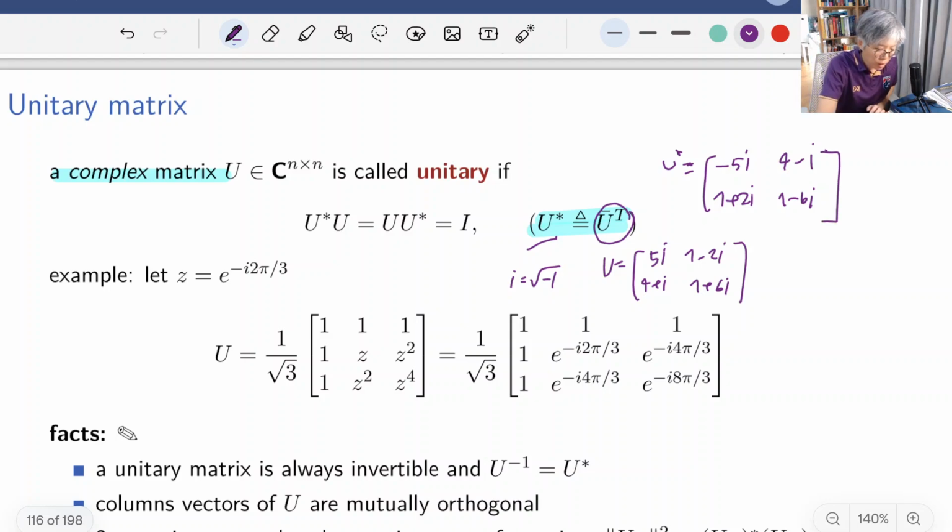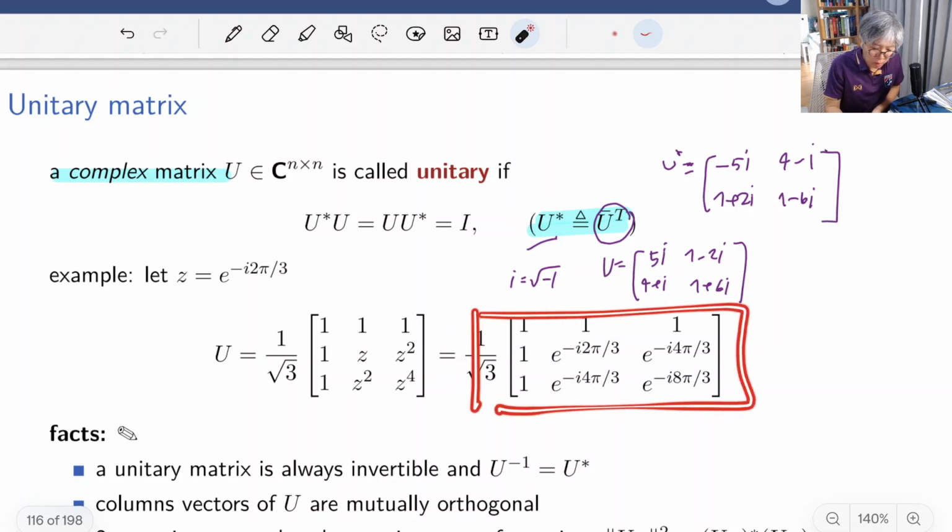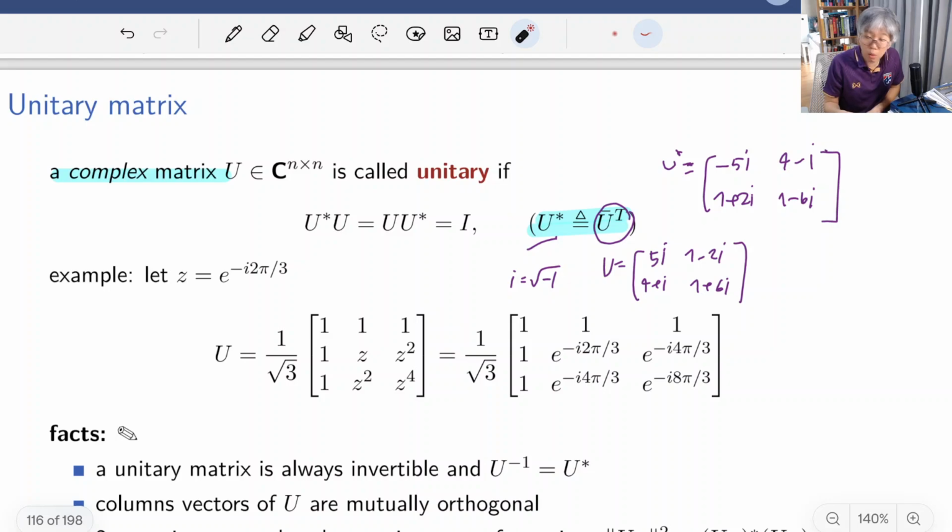Let's talk about the definition. A unitary matrix U is a matrix where U star, multiplied with U on the left and on the right, gives you the identity matrix. We have an example here: the matrix U that I'm going to show is called the discrete Fourier transform matrix.